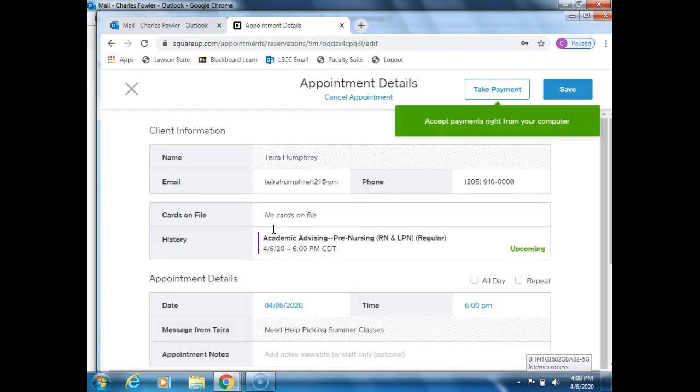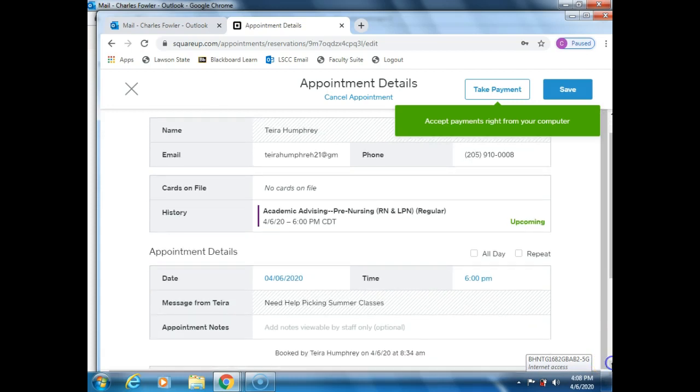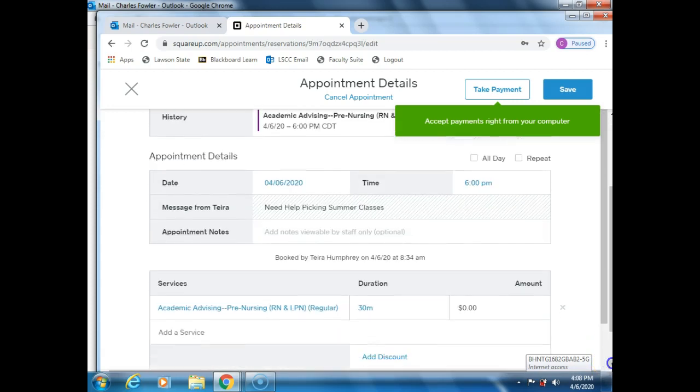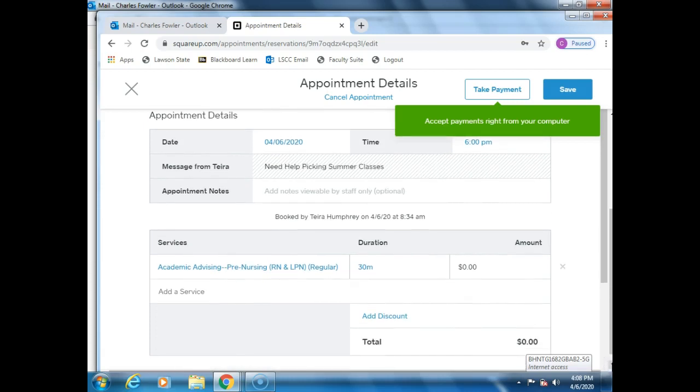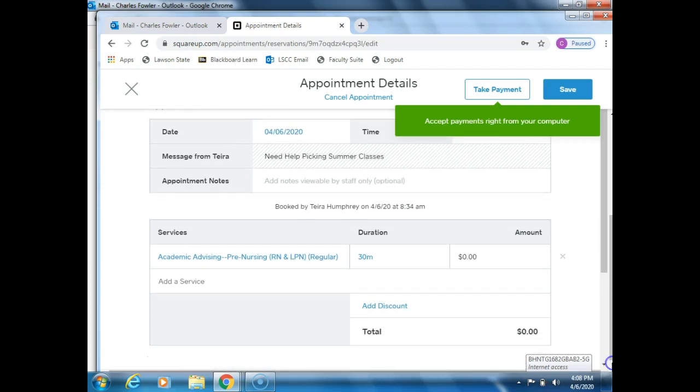My computer's so slow, but finally it did come up. It's not your 6 o'clock, that's somebody else's. Goodness, they only show that I have one.